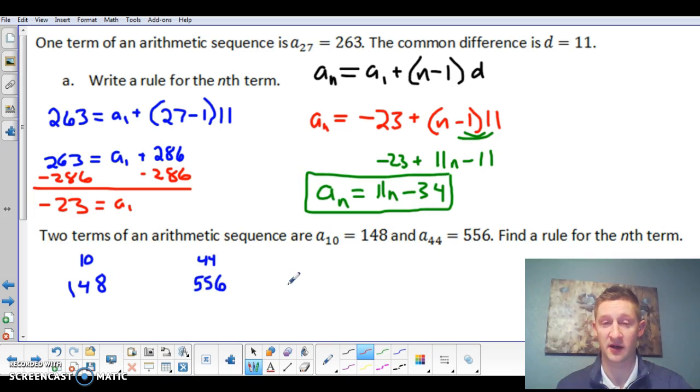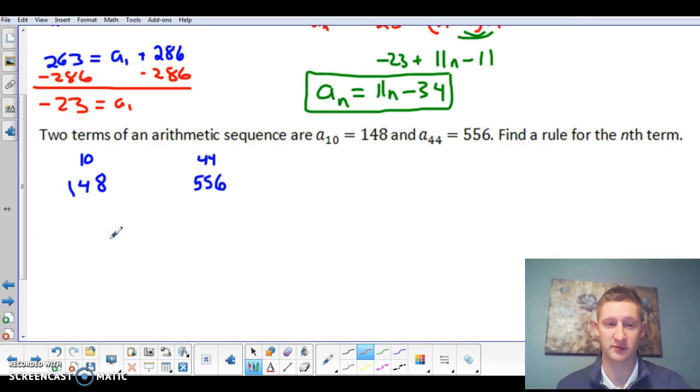Well, to figure that out, take 556 minus 148. How far have we gone in that number of terms? If I take 556 minus 148, that would be a difference of 408. Okay, so we've gone 408 from here to there.